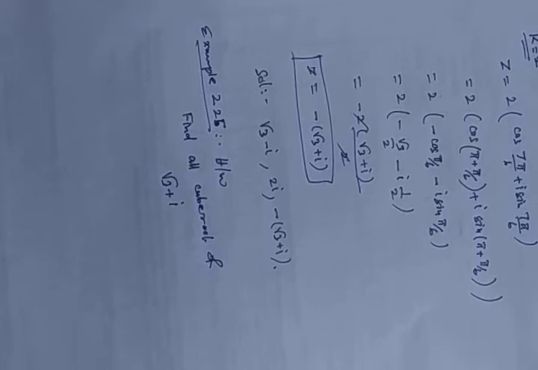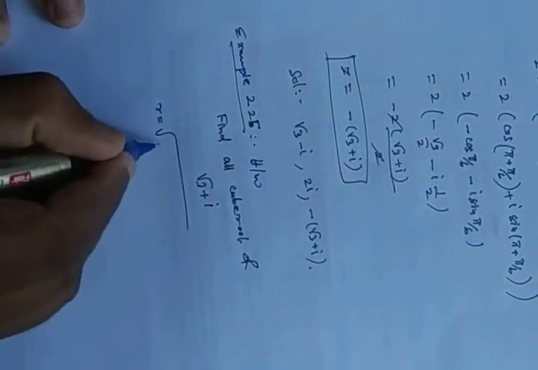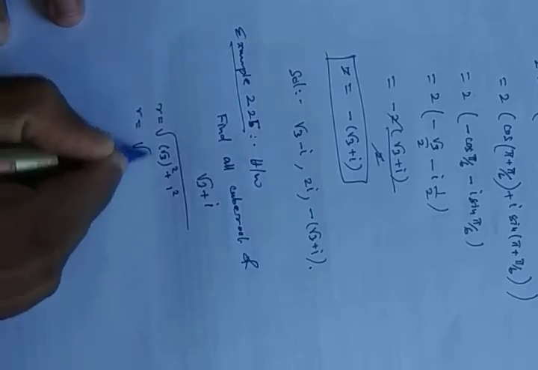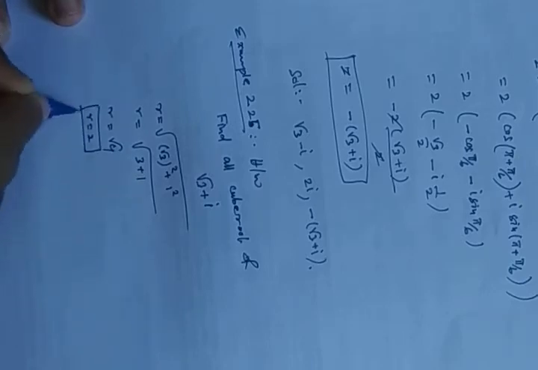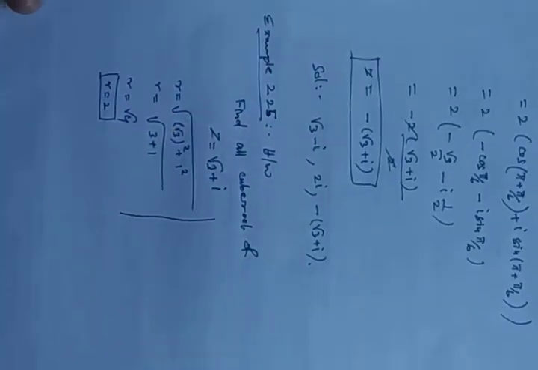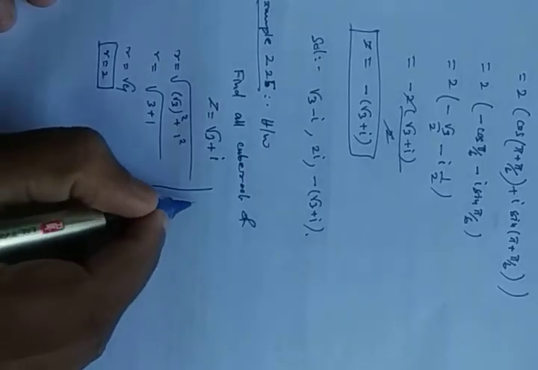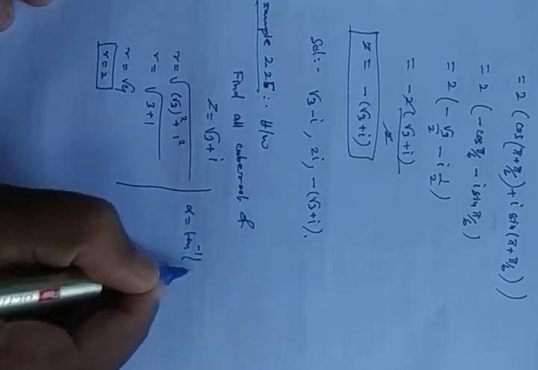Should I do it carefully? It's easy. First you find r, which is the square root of x squared plus y squared: root 3 whole squared plus 1 squared, that is 3 plus 1, so r is root 4, which is 2. The magnitude, the radius, is 2. Similarly, this is the z value, and we need to find the cube root. Then alpha is tan inverse of y by x.